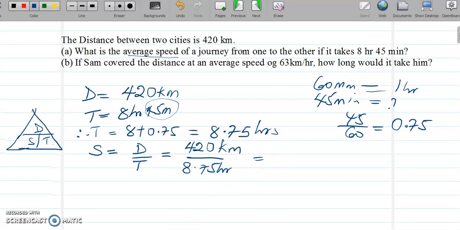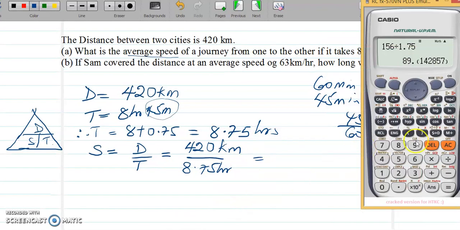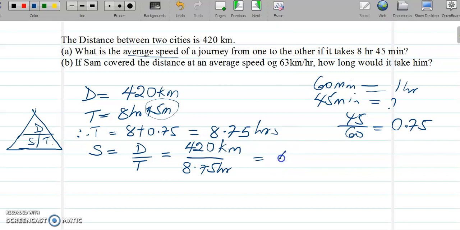So we find the speed: 420 divided by 8.75. That gives us 48. So the speed is 48 kilometer per hour. So that is how we solve the problem.